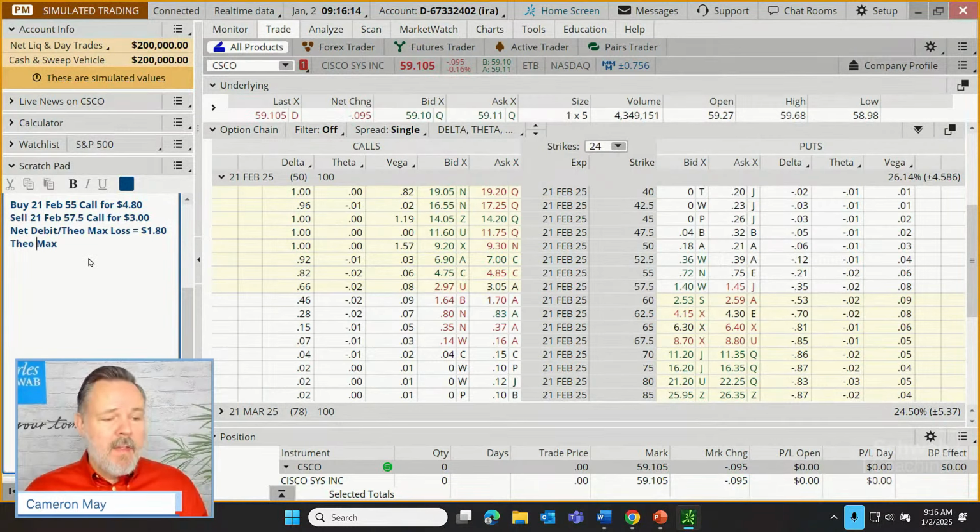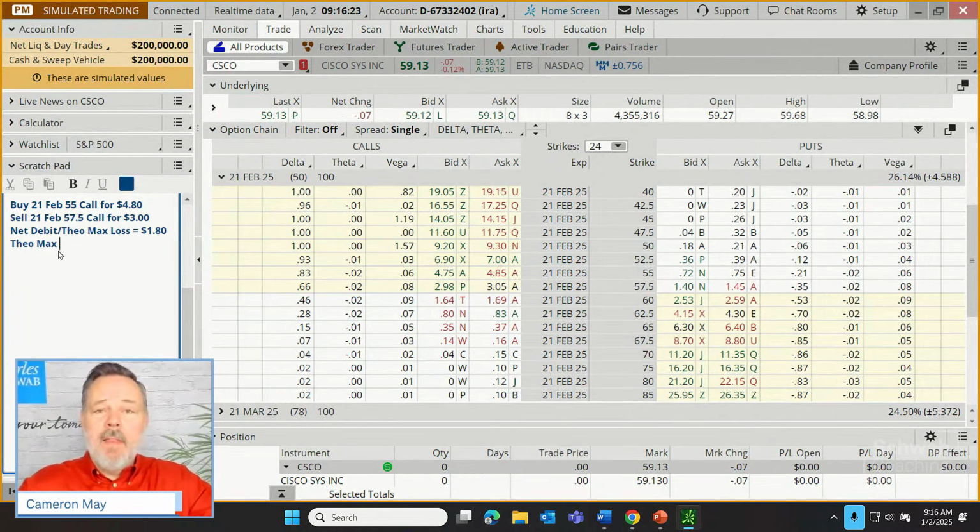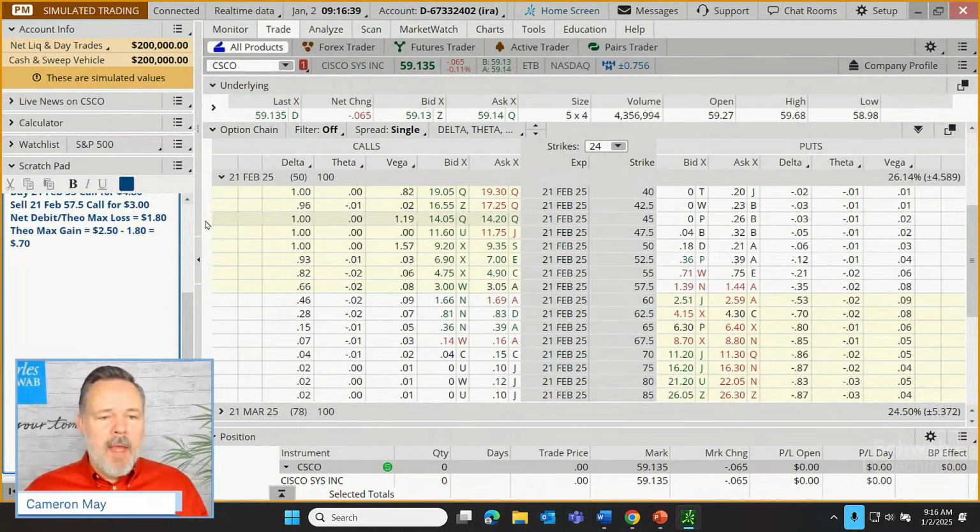Okay, yes, Charles. The loss is equal to the spread width minus the cost of entry on the trade, right? So the theoretical maximum, pardon me, the possible gain. The theoretical max gain on this trade is our spread width. It's a $2.50 spread minus the cost of the trade, leaves us with about 70 cents that can potentially be made on this trade.